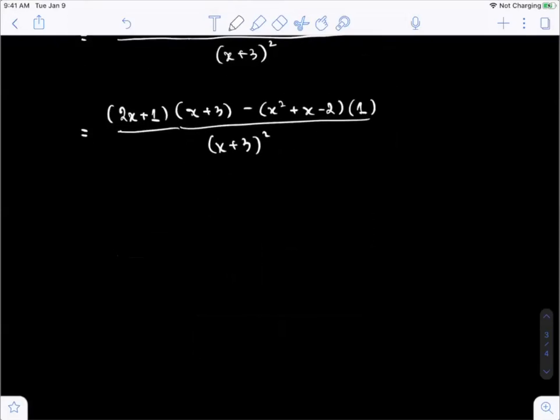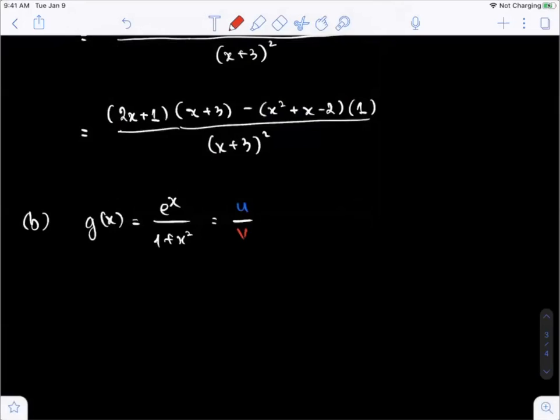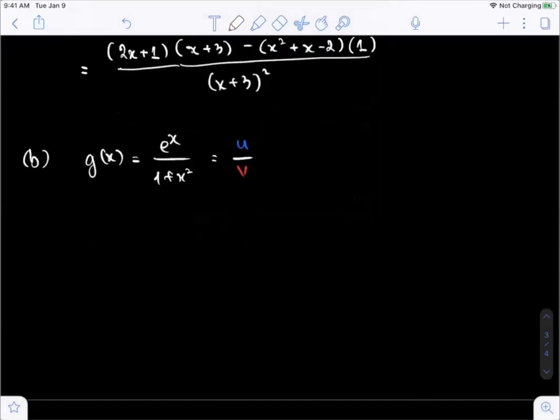Now another function we can look at is, let's say, g of x equals e to the x divided by 1 plus x squared. You can identify this as u over v, because that's the quotient, for u equal to e to the x and v equal to 1 plus x squared. Now you take the derivative of this.